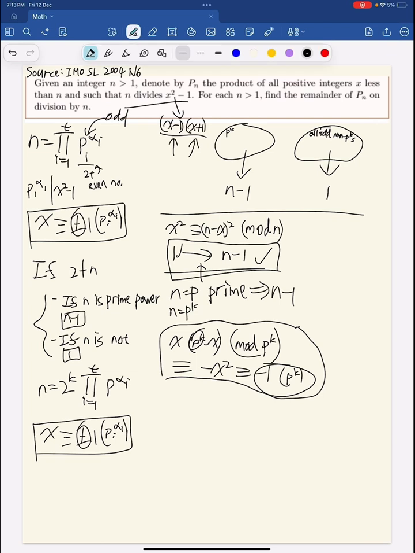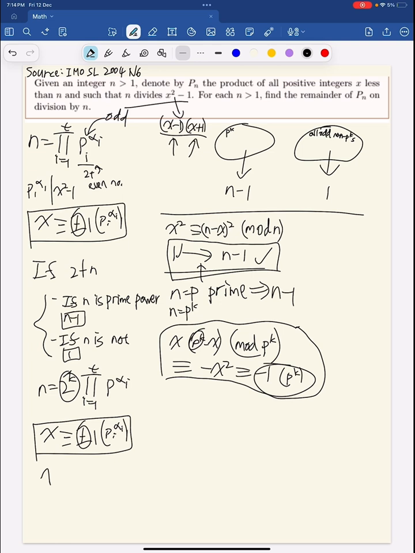But now we have a 2 to the k, a very annoying term out here. The way to solve this is by noticing that, firstly, x has to be odd now, and secondly, one of these two cannot be a multiple of 4. Therefore, we basically need one of them to be a multiple of 2 to the k minus 1.